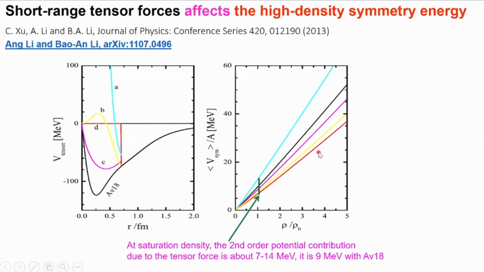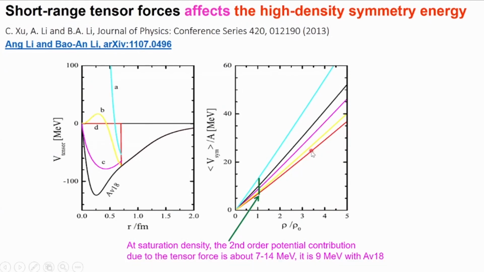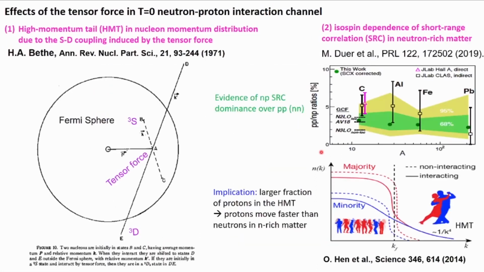So this will tell you directly, at least in this relatively simple model, how the tensor force will affect the high-density behavior of the symmetry energy. Now that's the contribution of the tensor force or short-range correlation through the potential part.